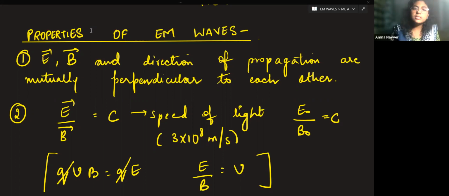Now, any wave that travels in such a medium where the electric field also exists and the magnetic field also exists, that wave you call the electromagnetic wave. Now, we discussed those two equations. E is equal to E naught sine of kx minus omega t, or it can be omega t minus kx also.